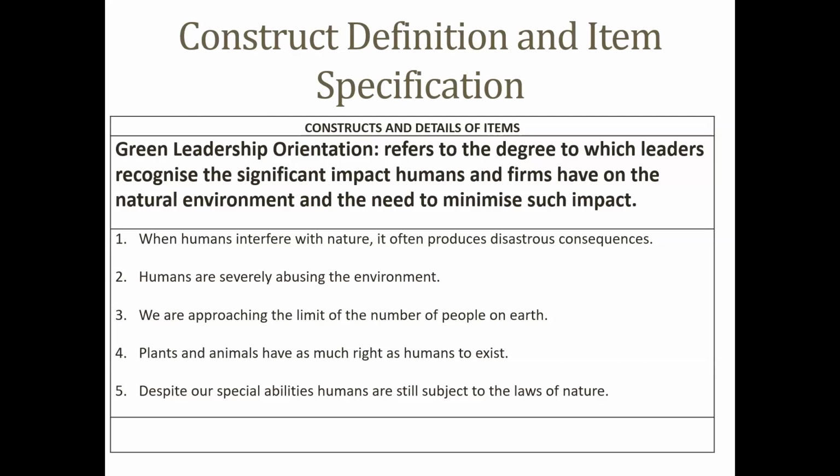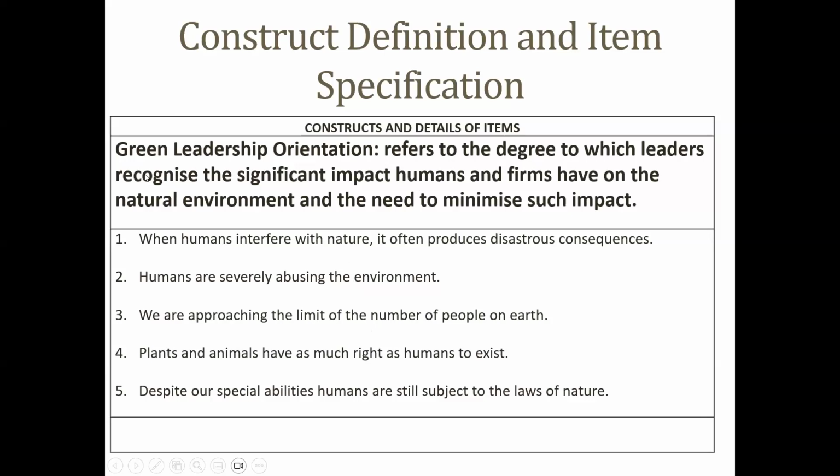So if you look at this definition, you should be able to deduce its meaning from each of these statements. Any comments so far? What we do when we evaluate a data collection instrument is look at the face meaning of these statements and see if they truly reflect the definition here.